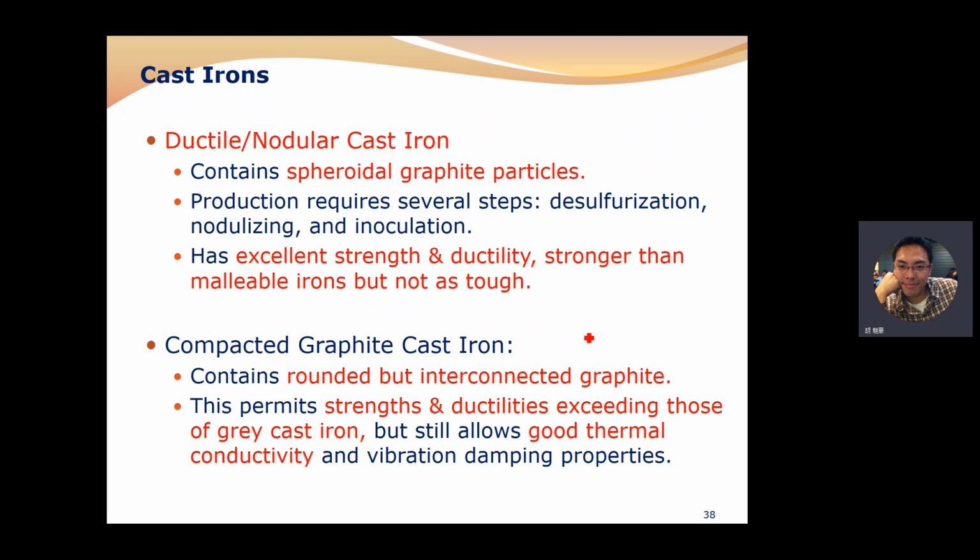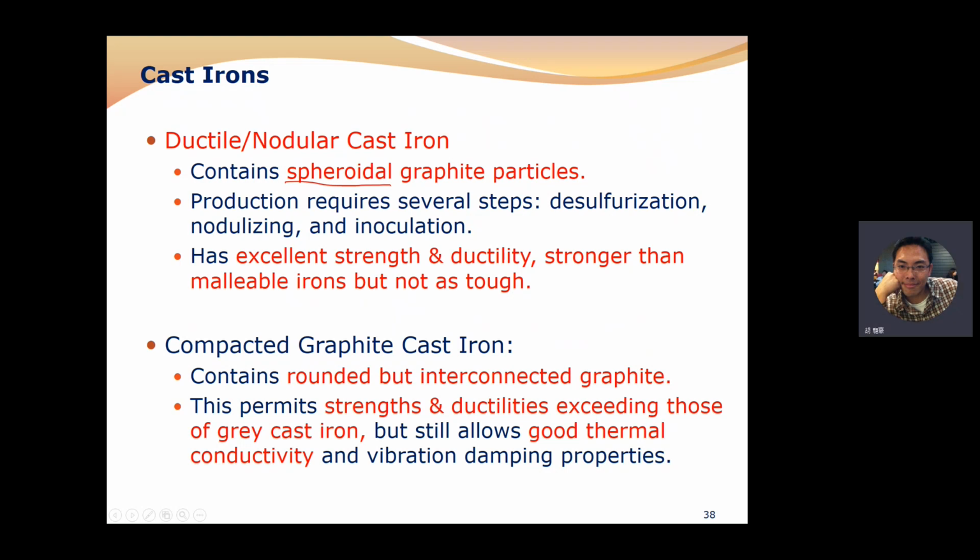Ductile or nodular cast iron contains spheroidal graphite particles. Once you find this spheroidal or round shape, its hardness will be reduced.